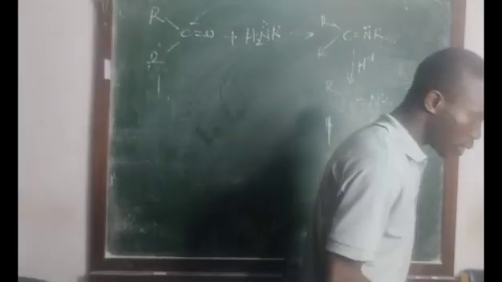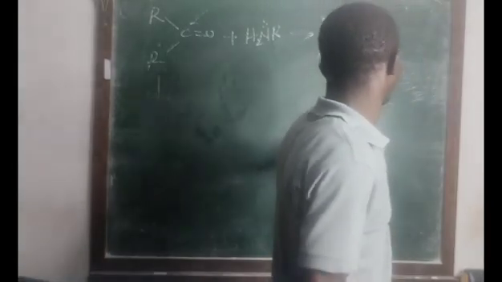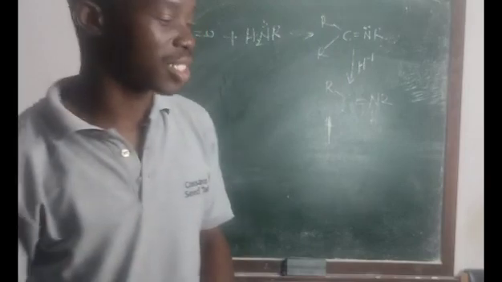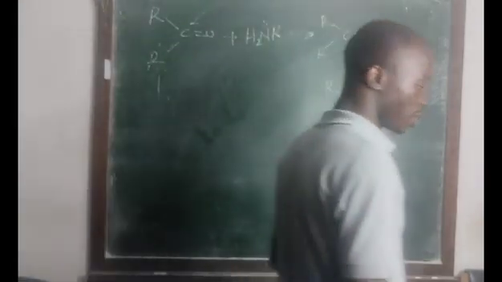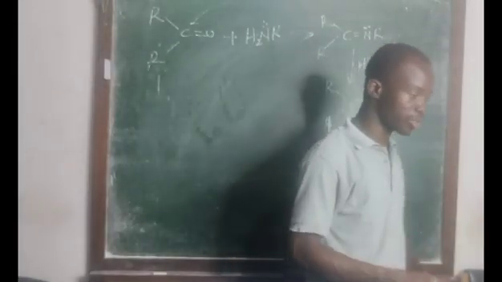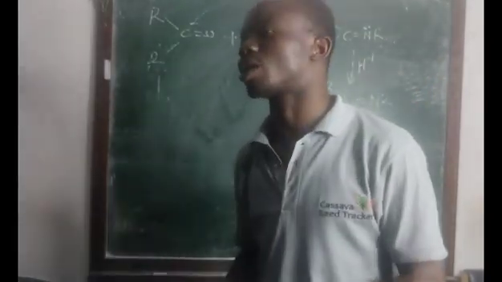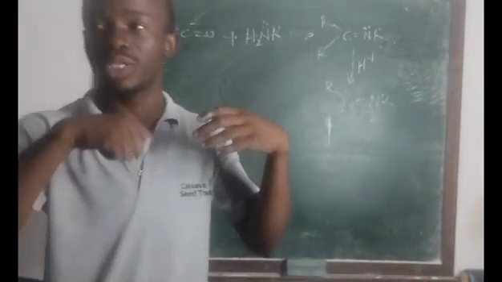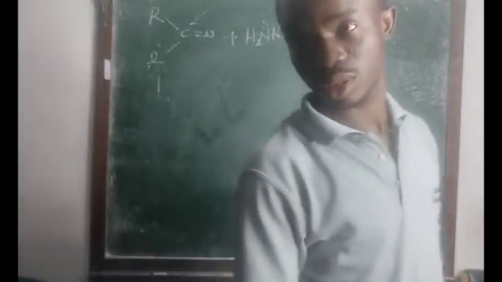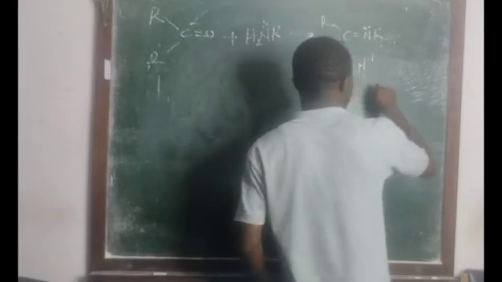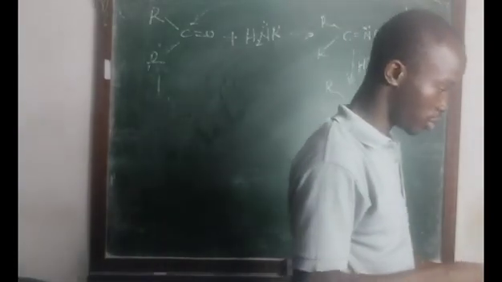And this protonated Schiff base can act as an electron sink. That is, it can act as a dumping ground for electrons. This last one, yes. So this N here should be plus here. Start with plus.